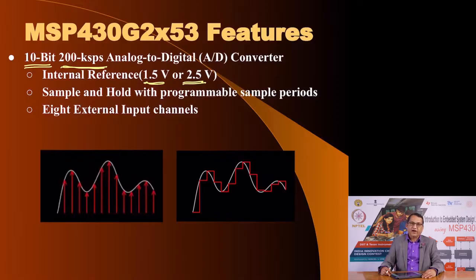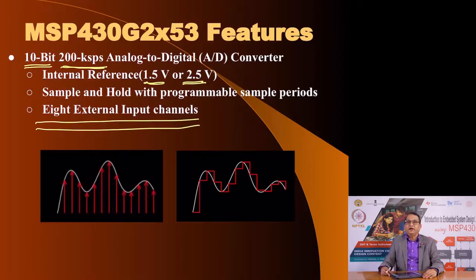Now, ADCs require that when the conversion is in progress, the input voltage should not change. This is a critical requirement of an ADC, and MSP430 has integrated sample and hold units, where the sampling frequency is up to 200 kilosamples per second, but you can sample at lower frequencies also, and it has a sample and hold for all these inputs, and you can have up to 8 ADC inputs.